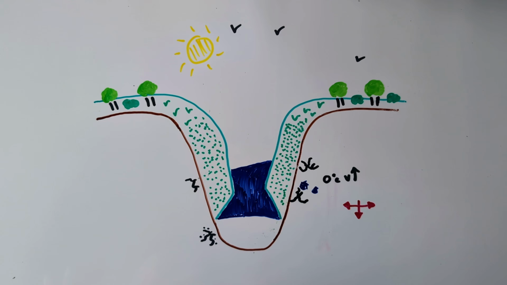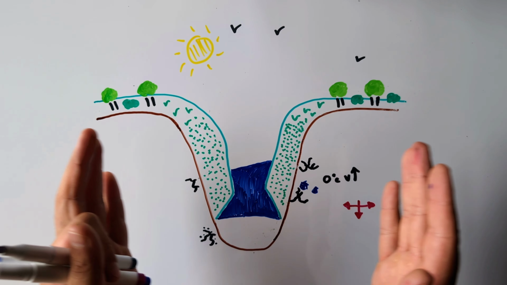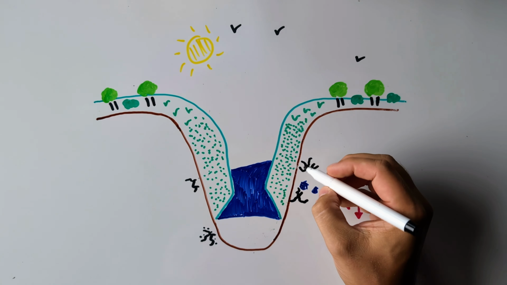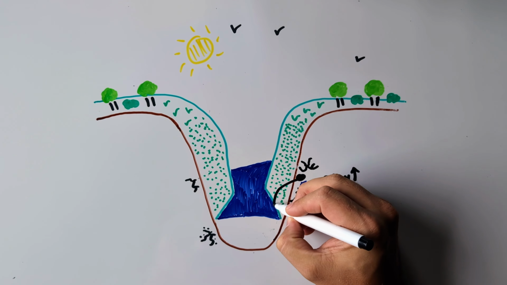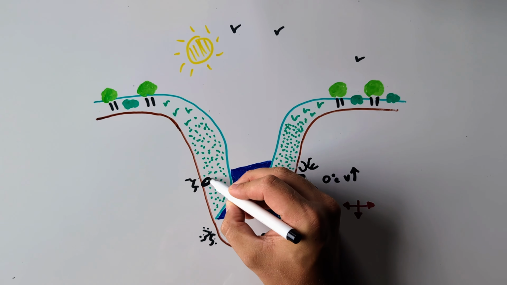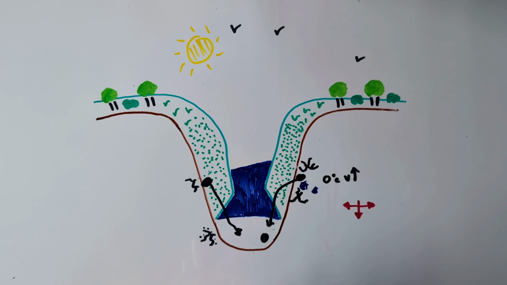So large bits of rock will fall away, causing it to widen and deepen. This could be rock fall, this could be slumping. So big pieces of rock falling into our river channel before being transported.